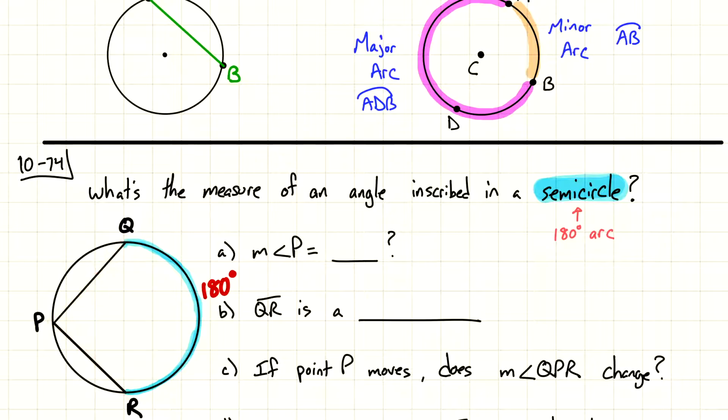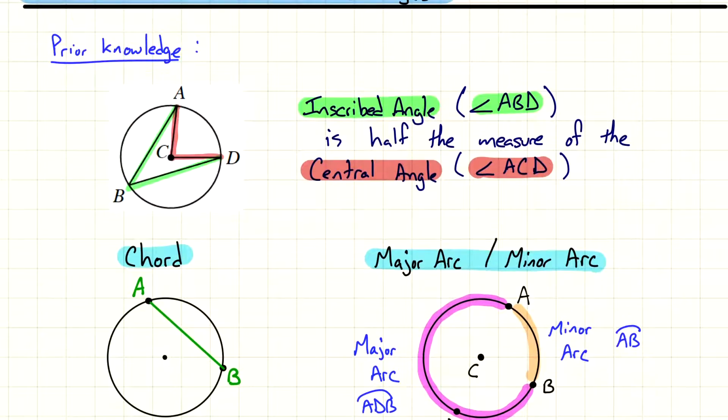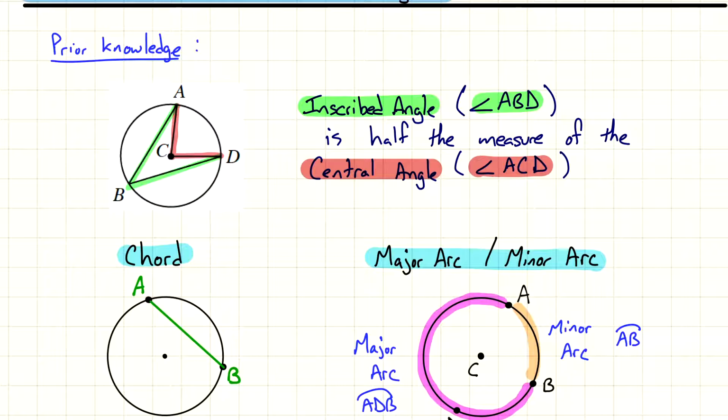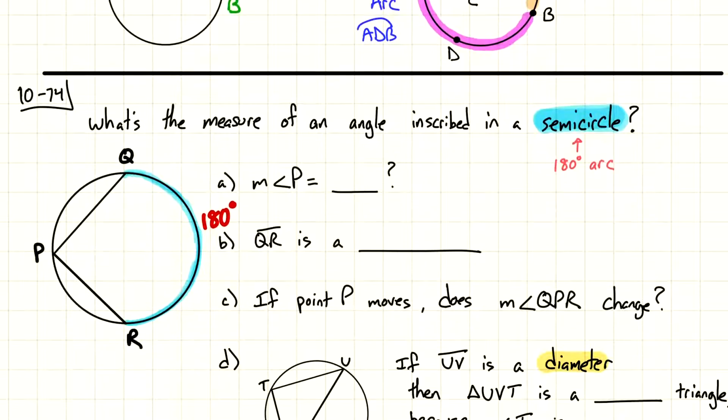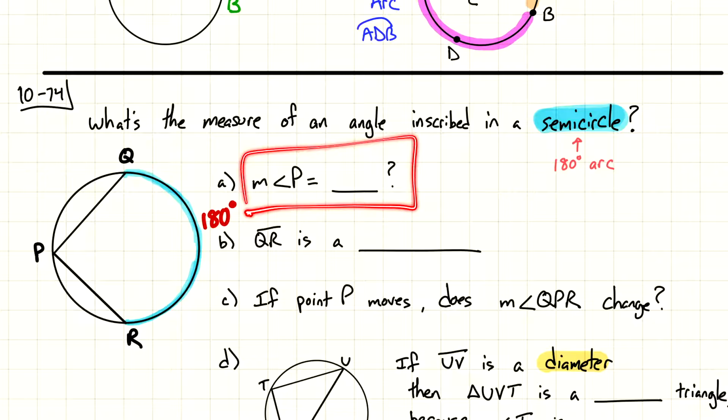As a reminder, look at the notes above. That's why I mentioned this. An inscribed angle is half the measure of the central angle, and don't forget, the central angle and the arc are always the same measurement. So let's see if you get this correct. What is the measurement of angle P?